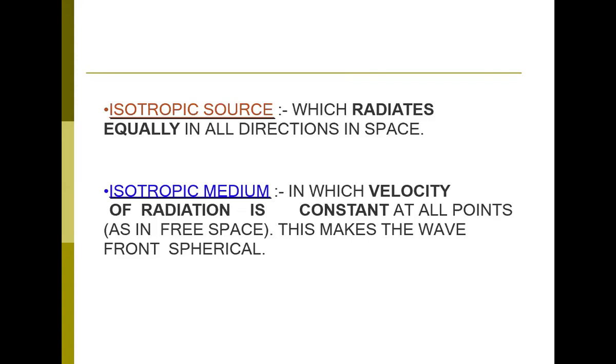An isotropic medium is one in which the velocity of radiation is constant at all points. So we assume that this is constant at all points, but practically it is not feasible. Not a single source is isotropic.